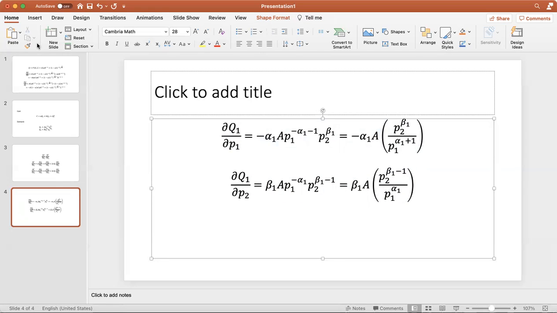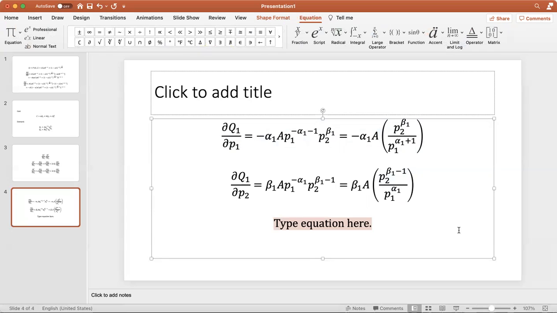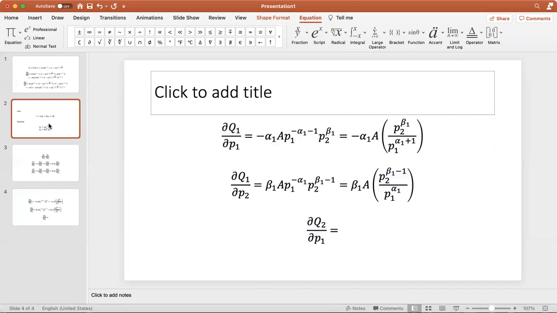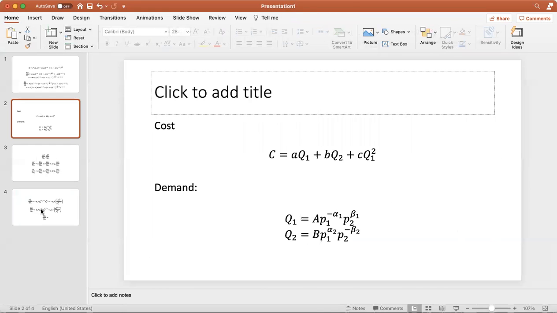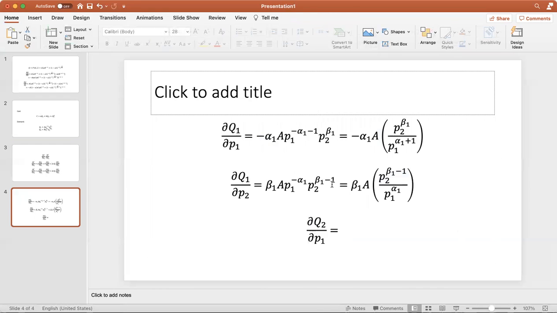Now for Q2, the process is pretty much the same. So you have partial of Q2 with respect to the partial of P1, rather. Start off with P1, of course. You have B. It just looks like this.